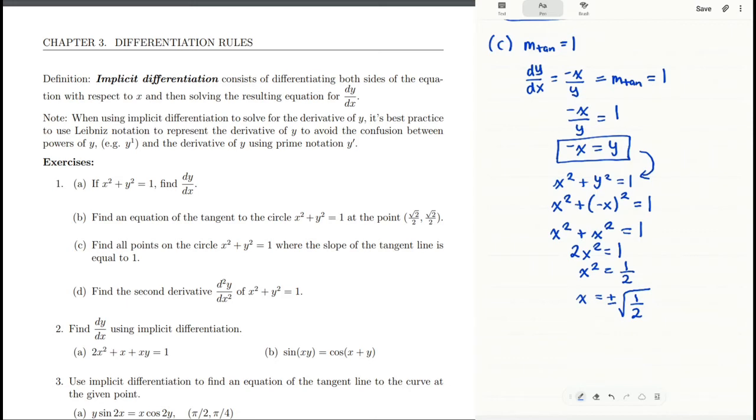And if you want, you can rationalize this. We have the square root of 1 over root 2. So if we rationalize the denominator by multiplying both numerator and denominator by root 2, this is plus or minus root 2 over 2.